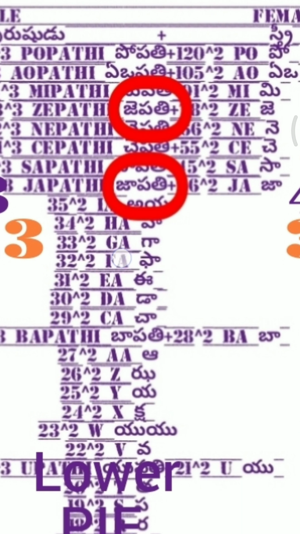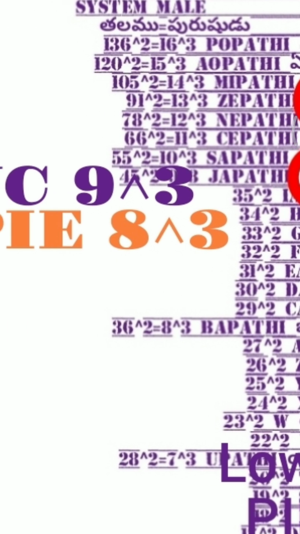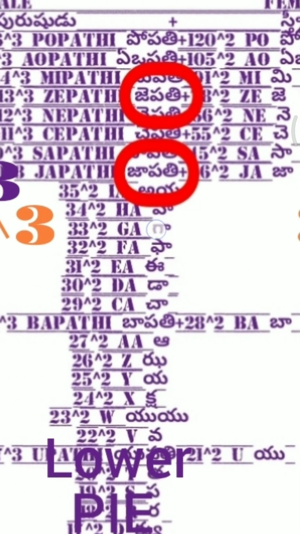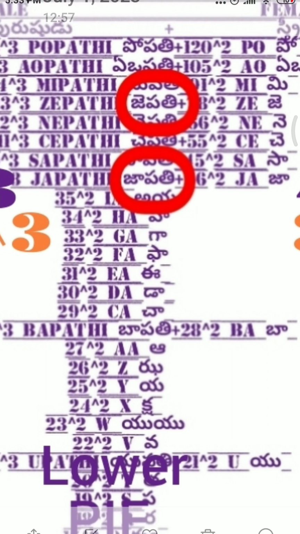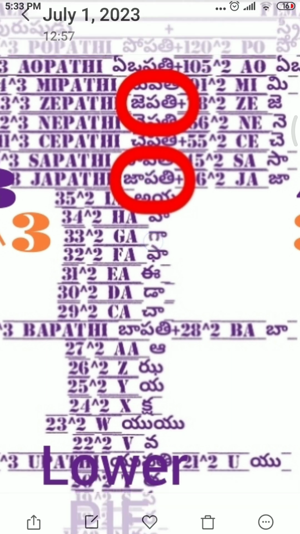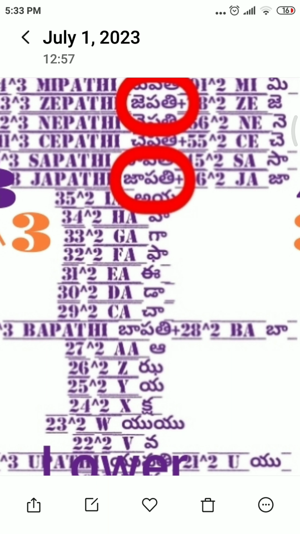And as we saw the other day, this is a Japati guy, this is a 9 cube guy, and this is the Gapati, you can call this guy GA. The difference between this Gapati and Japati, though they are very similar sounding, is a whole world of difference.